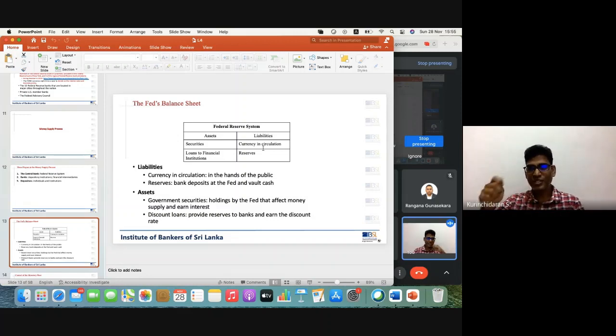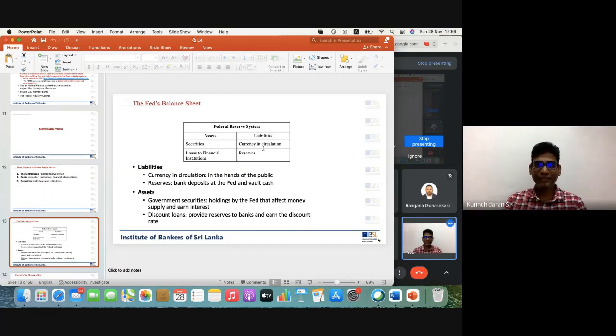The central bank issues the currency, and that is a liability to the central bank. The public holds that currency as assets, and it is legal tender. They can buy goods and services using it, so the central bank is liable for that.